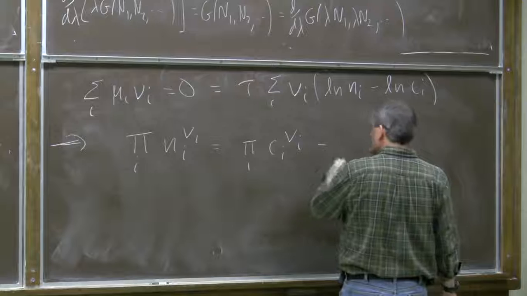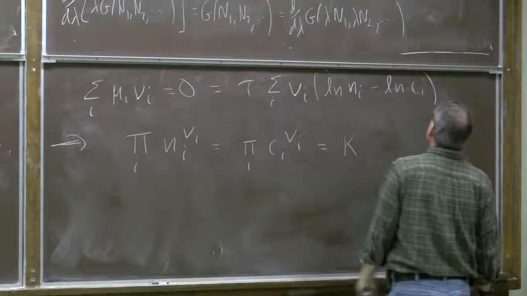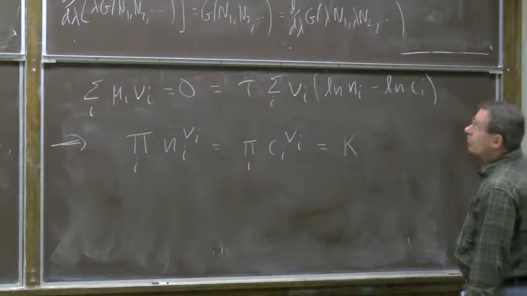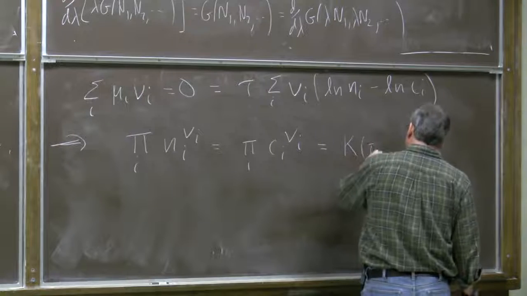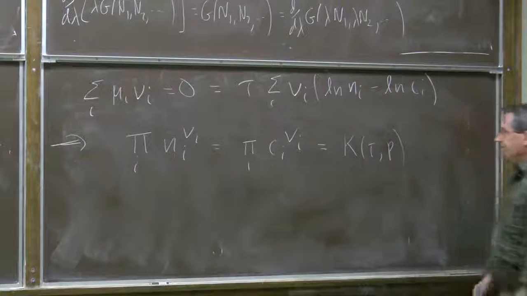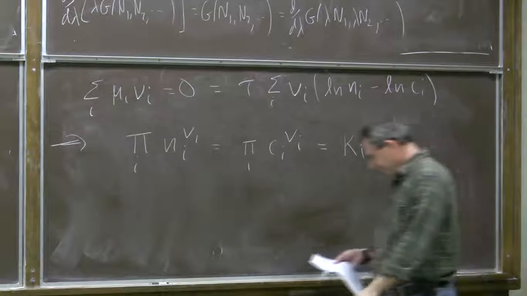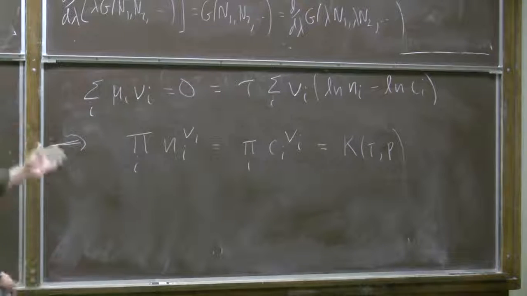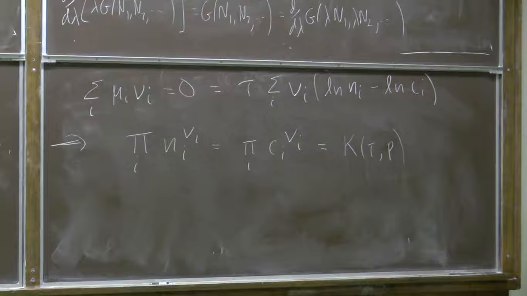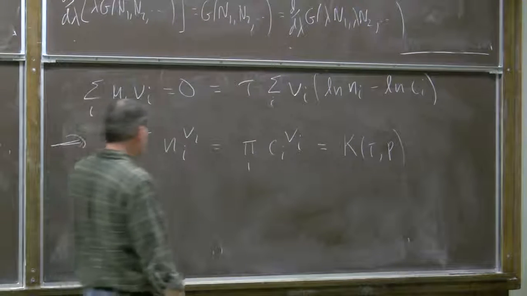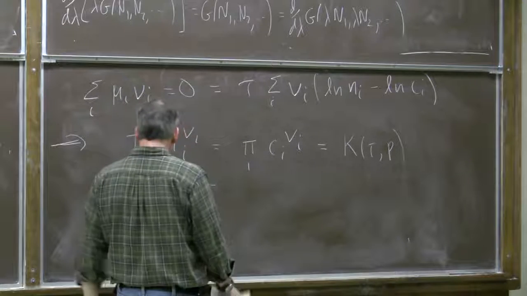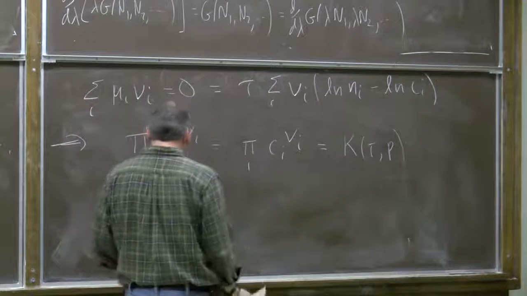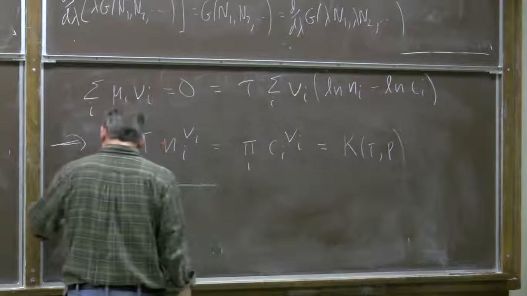And this is some constant which depends on temperature and pressure. But the important thing is that when we consider a chemical reaction at some fixed temperature and pressure in chemical equilibrium, this expression is a constant. And that's called the law of mass action.